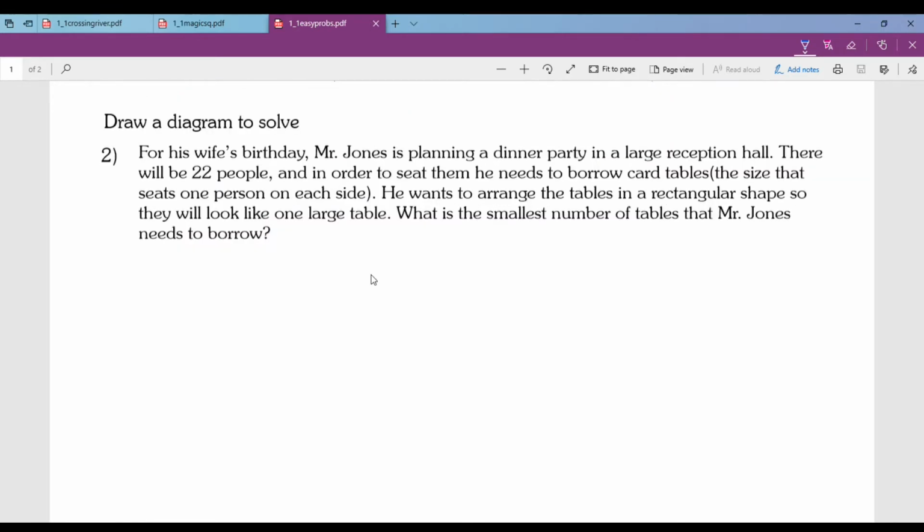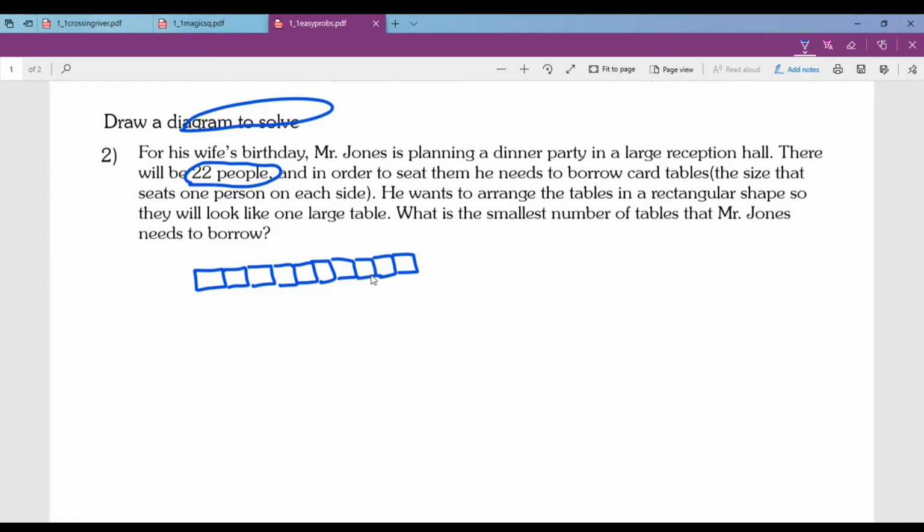First thing I want is to draw some diagrams, and we'll just do this randomly, but we need to make sure that we can seat 22 people. So let's draw a table, and then we're going to make sure to add enough tables so we can seat 22 people. And here I have chosen to use 10 tables forming a 1 by 10.